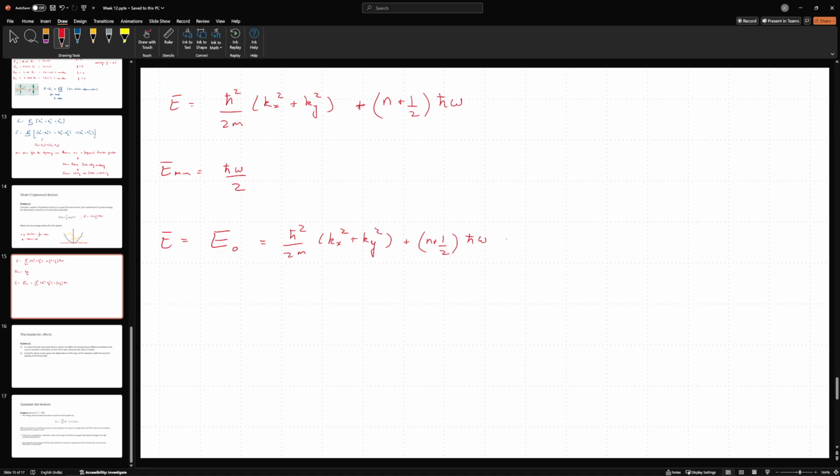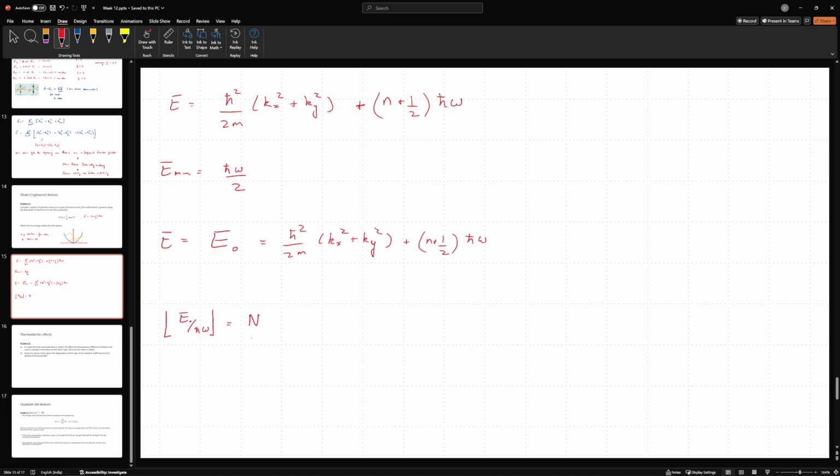Now this takes discrete values. So essentially what I can do is the following. I can calculate the integer part of E naught divided by h bar omega, the floor of this quantity. So let this be some n.